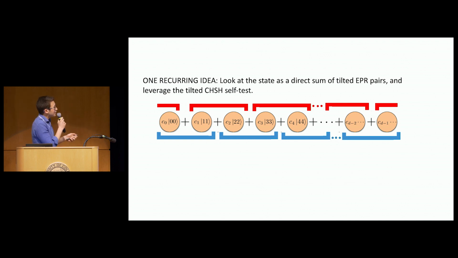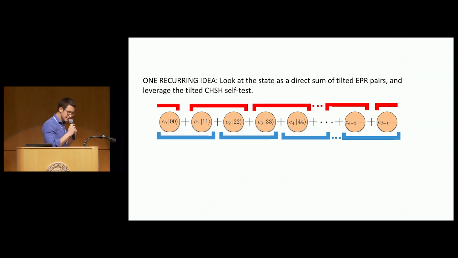Each of the pairs will have a different ratio between the coefficients, determined by the Ci's. You can decompose a generic state into such a direct sum of tilted EPR pairs in two ways: one starting from 0, in blue, and one starting from 1.